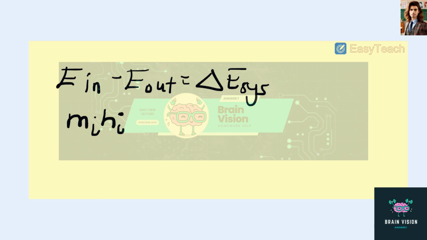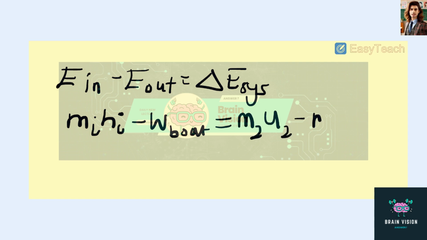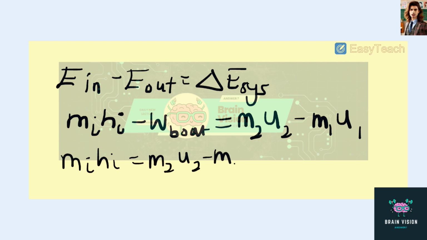But we also have work, so minus Wb out, which we'll call boundary work, is equal to the change in internal energy of the system, M2U2 minus M1U1. Bringing the work to the other side, MiHi is equal to M2U2 minus M1U1 plus Wb.